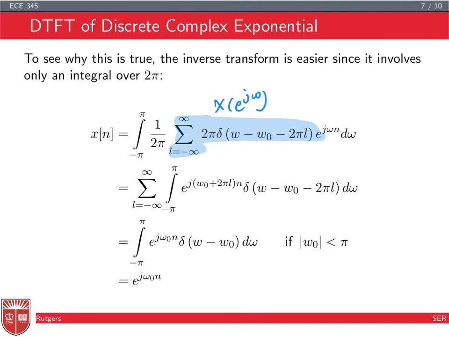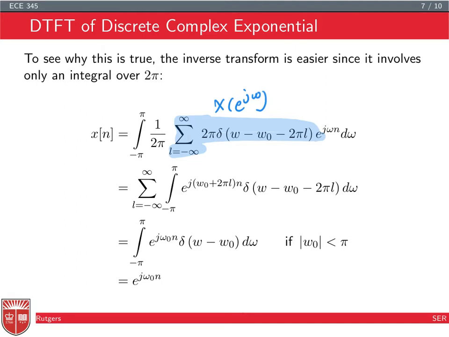So we know that x of n is the integral from negative pi to plus pi of 1 over 2 pi, the sum over L from minus infinity to plus infinity of 2 pi delta(omega minus omega 0 minus 2 pi L), times e^{j omega n} d omega. Again, I'm just applying the inverse DTFT formula.